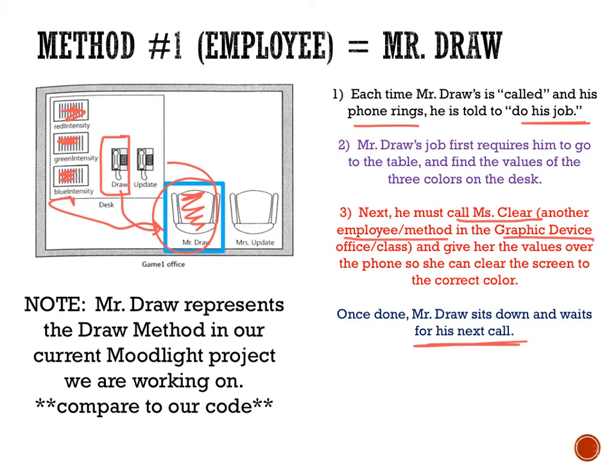So every time he gets a call, he answers the phone, he's told to do his job, walks over to the table, gets those 3 values, picks up the phone, calls Miss Clear in another office or in another class, gives her these 3 values so she can make a color, and then he sits down. That's what he does every single time.